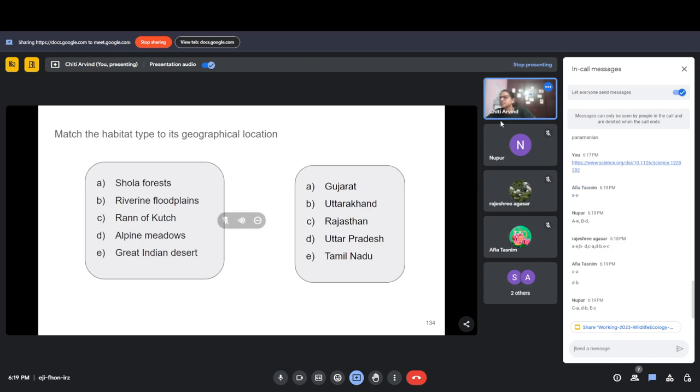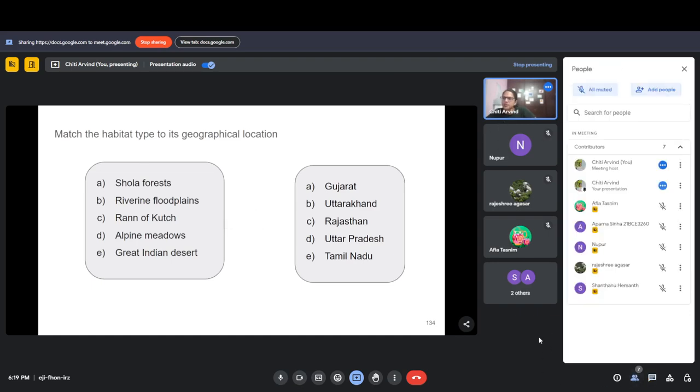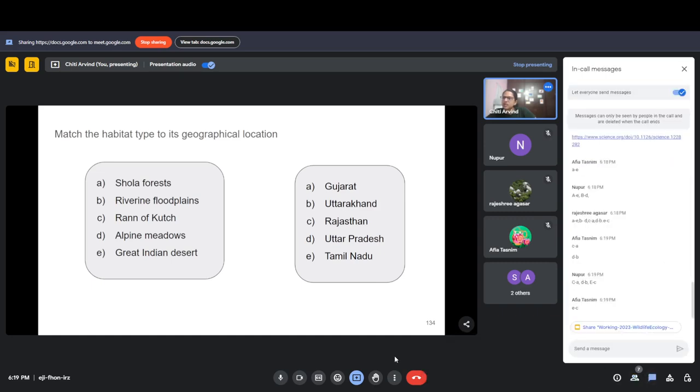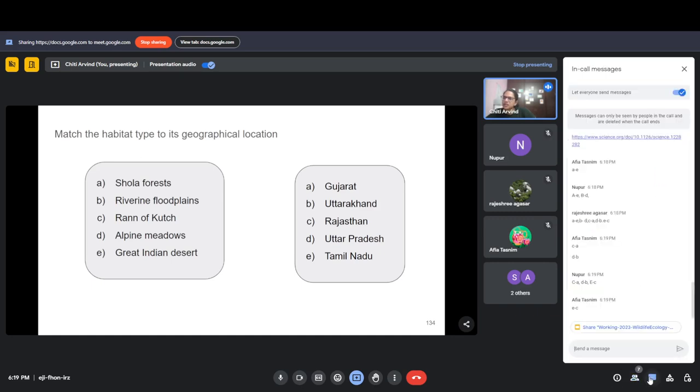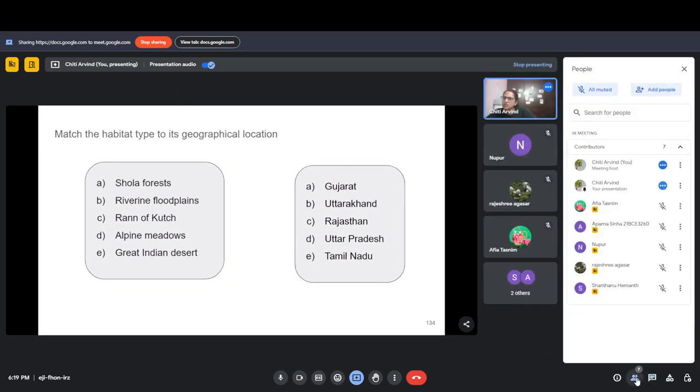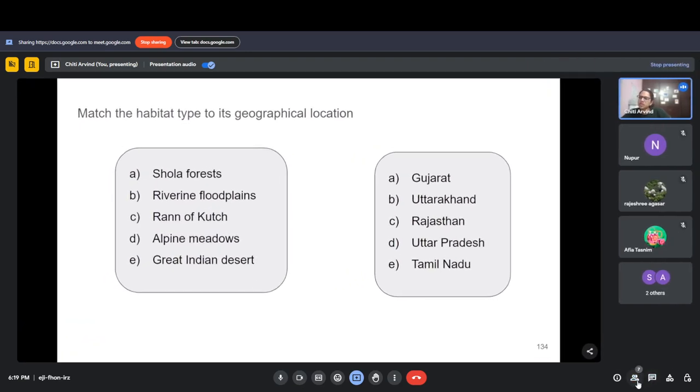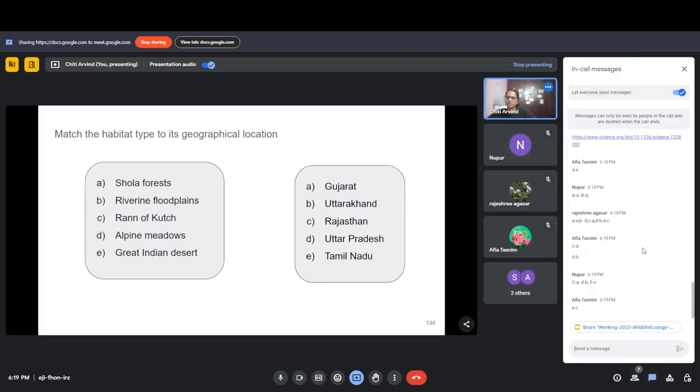Okay, so a couple of you are okay. Keep it going. Shantanu, what about you? What do you feel are the right combinations? So I have responses from Afia, Nupur, Rajshri, and who else is left? There's one more person, Aparna. Yes, Shantanu and Aparna, what do you feel are the correct matches?